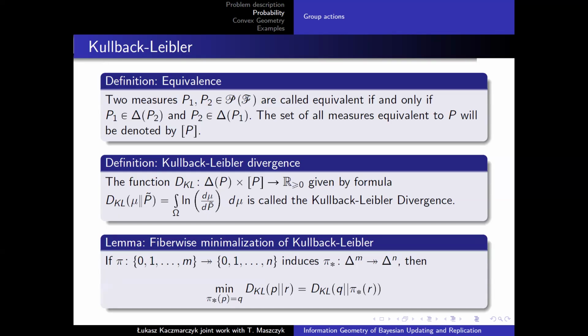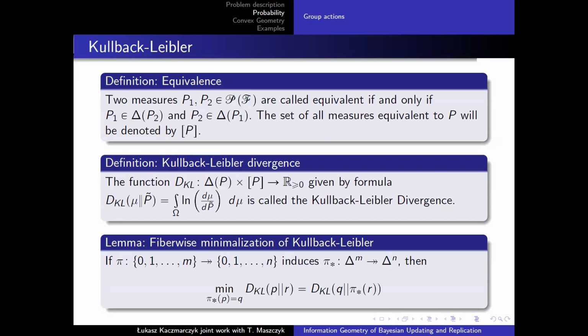an unbelievably important role later on, when we will restrict ourselves to finite sets as our spaces of elementary events, is that if we have a map that is surjective as a map between these finite spaces of elementary events, and we induce from it direct image which acts on honest-to-God M simplices and N simplices that is well known to everyone, then the minimization on fibers of this map acts exactly in this manner.